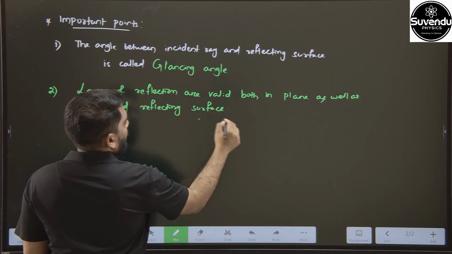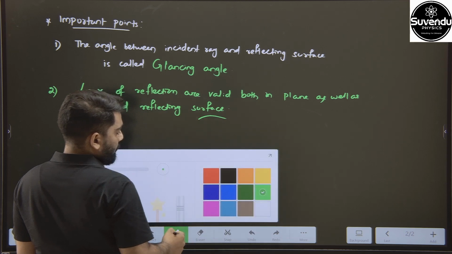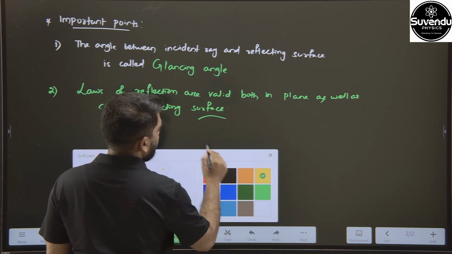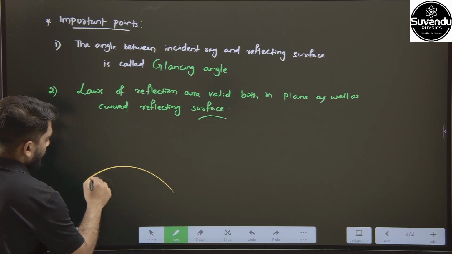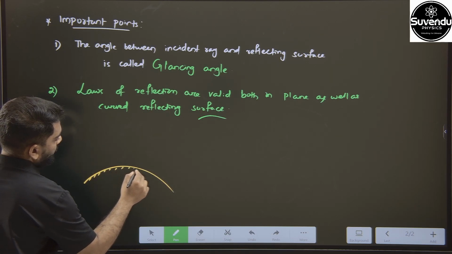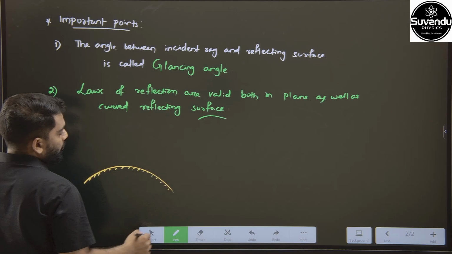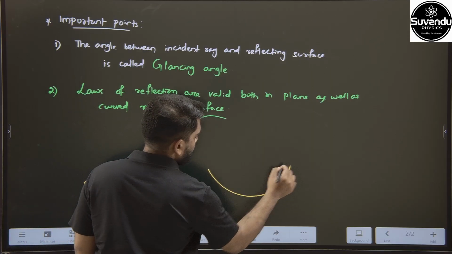अच्छा, अभी इसको हम लोग डायग्राम के हिसाब से समझेंगे. देखो, suppose let us consider this is our curved reflecting surface. This is your curved reflecting surface, or you may consider the reflecting surface like this.